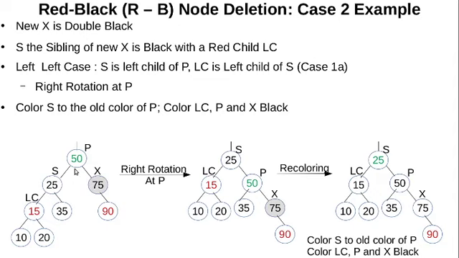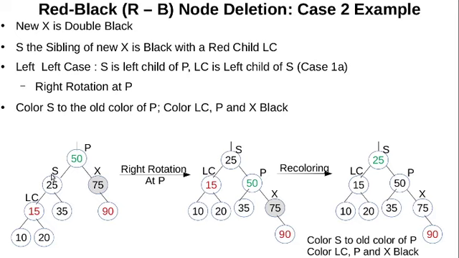Node 50 is the parent of node X and node S. We call it node P. S is the left child of P and LC is the left child of S. Hence, this is a left-left case and a single right rotation at P is required.